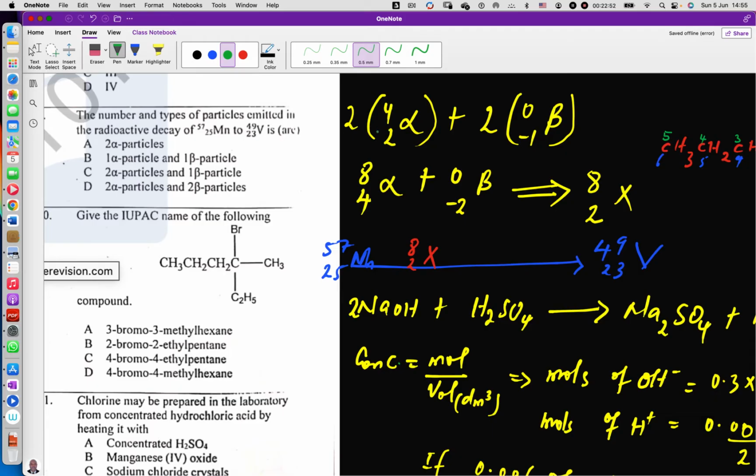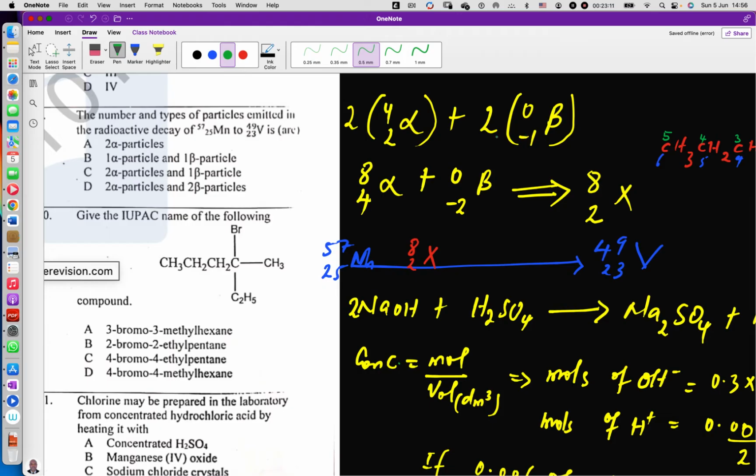If 2 alpha particles were emitted, we will only have 8 and 4. But the atomic number has reduced by only 2, implying that 2 beta particles have also been emitted.